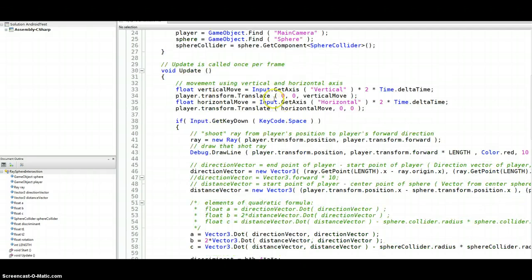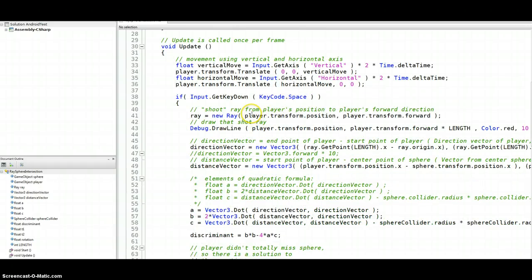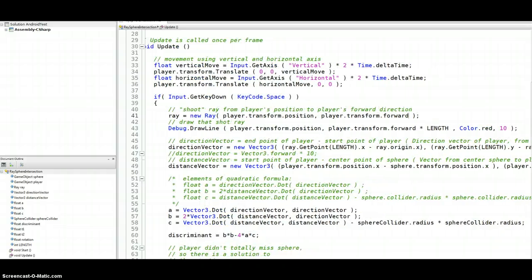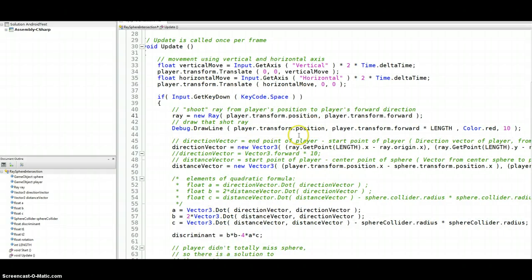So by hitting the space key, it forms the ray from the camera's position in the forward direction, by the forward vector, and it draws the line from the position straight ahead with a length of 10.